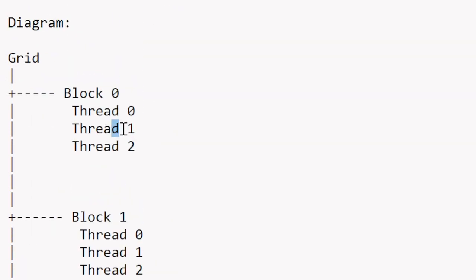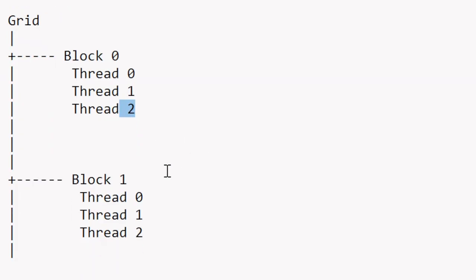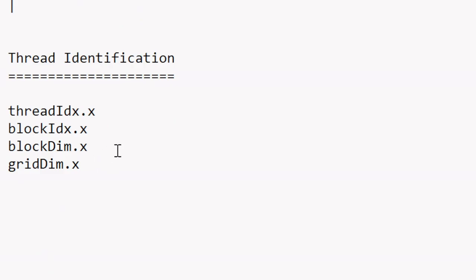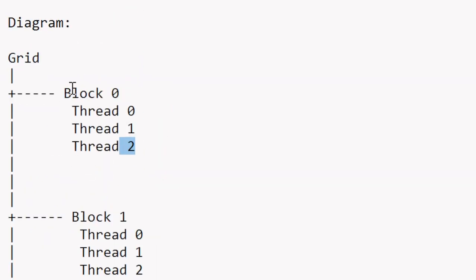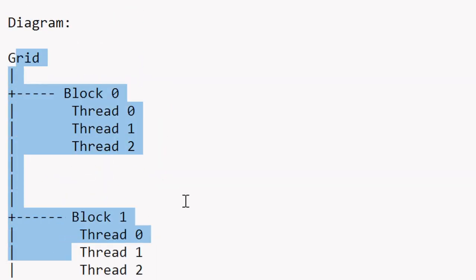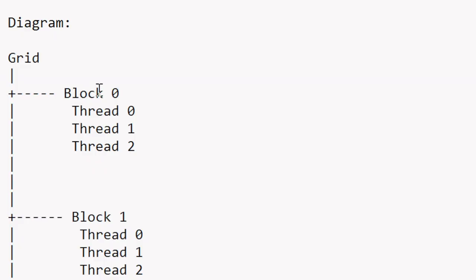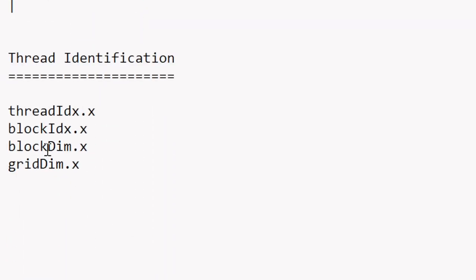In this case, it's going to be 0, 1, 2. blockIdx is the block's position in the grid. So in this grid, blockIdx for this block would be 0, and blockIdx for this block will be 1. And blockDim is the number of threads per block.